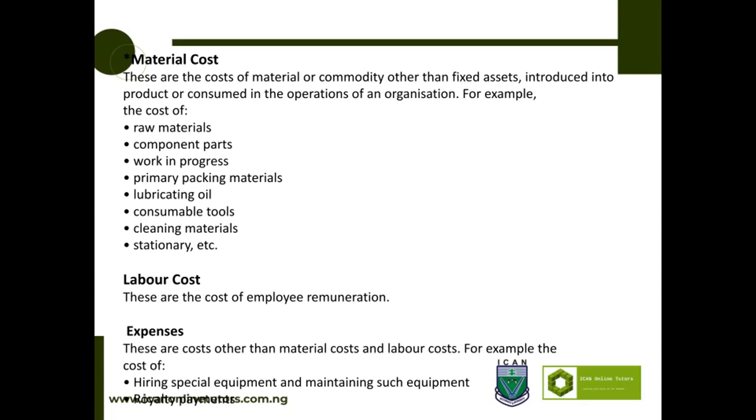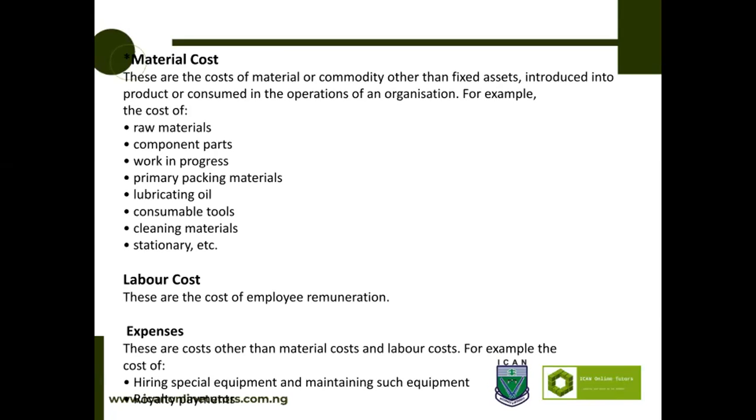It can be the cost of acquiring parts or components of the raw material. It can be the cost you incur on work in progress. It can be the cost you incur in repackaging or packaging. It can be the cost you incur in buying lubricants or oil in producing the product. It can be the cost of consumable tools. It can be the cost of cleaning the material. It can even be the cost of stationery.